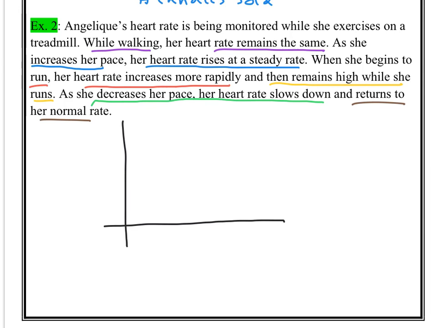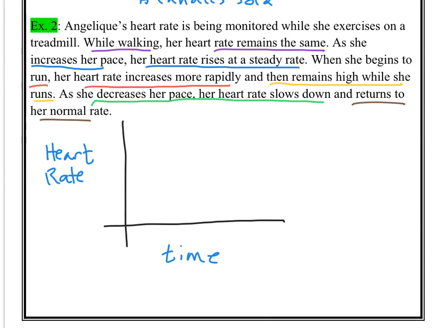So we're going to put time here, and we're going to put heart rate on the y-axis. Her heart rate definitely is not going to be at 0 at time 0, because if her heart rate is at 0, she's going to be dead. So she definitely starts somewhere at some normal resting heart rate.